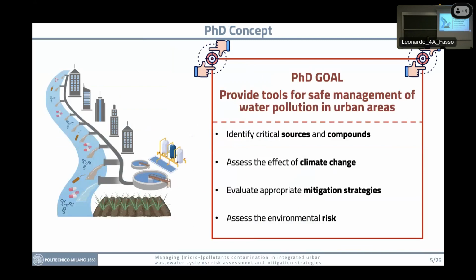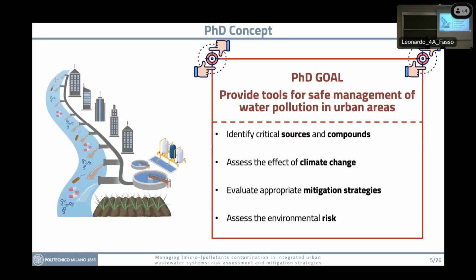in urban areas. Specifically, we try to identify the critical sources and the critical compounds that can be present in the cities. And we also want to assess the effect of climate change on the pollution. And for the pollution that we find, we want to treat the contaminants and remove them.